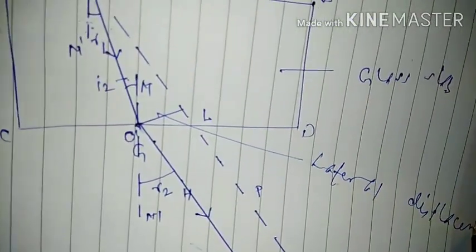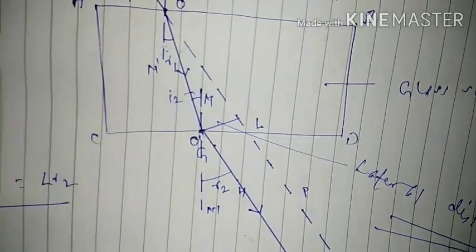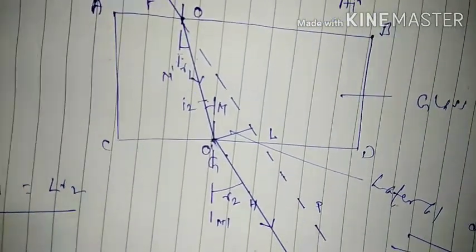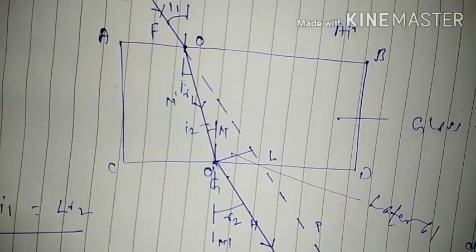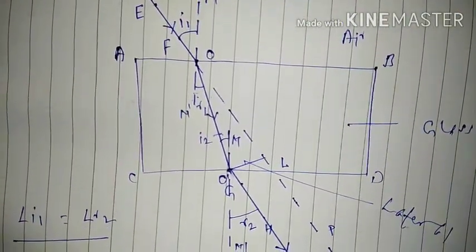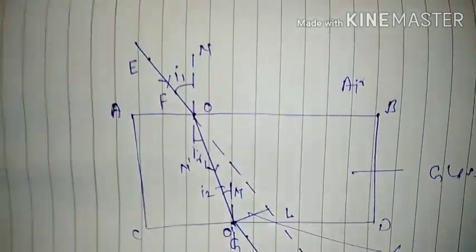So really try to learn to draw a ray diagram through a rectangular glass slab, and once again I am giving you the home assignment to trace it clearly 3 to 4 times.